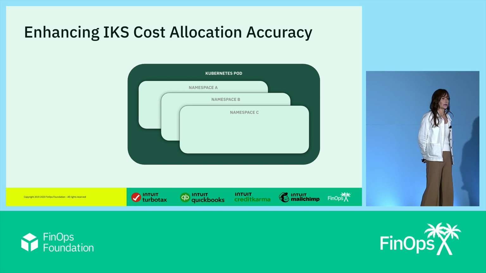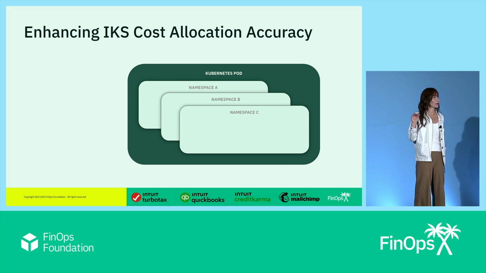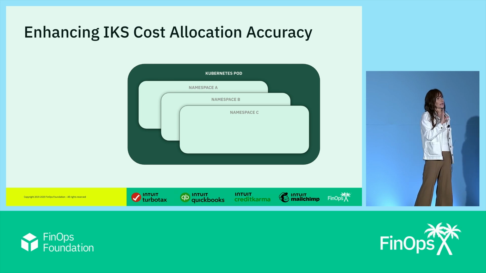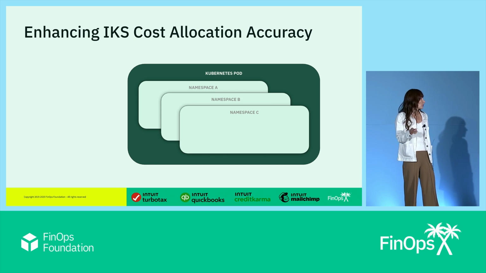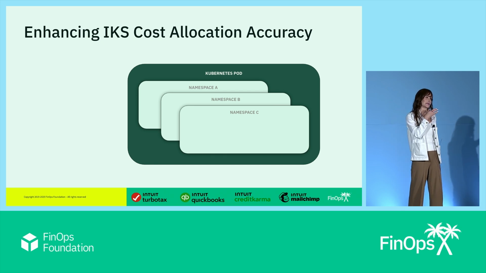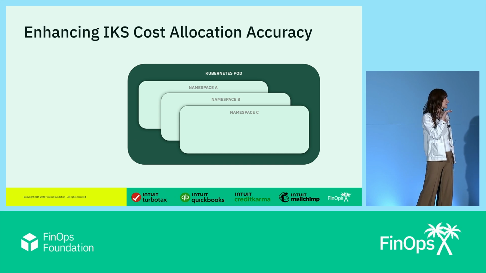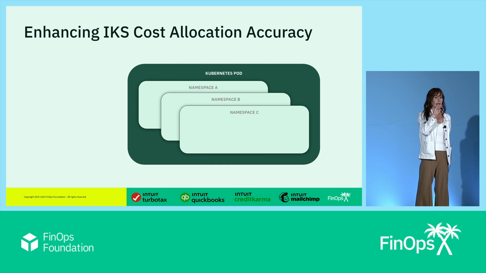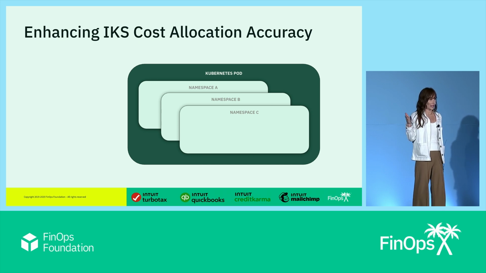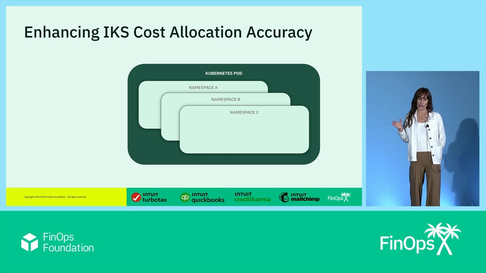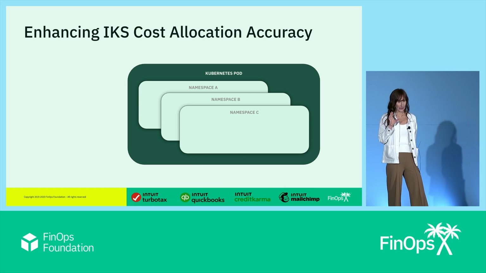Unlike a single cloud compute, single tenant compute resource where the billing's fairly straightforward, Kubernetes is intentionally designed for simultaneous use by multiple teams. And so what we have as FinOps folks is this raw cloud cost line that represents a single IKS cluster that has multiple diverse workloads running side by side. And so we need a way to logically separate these cluster costs.